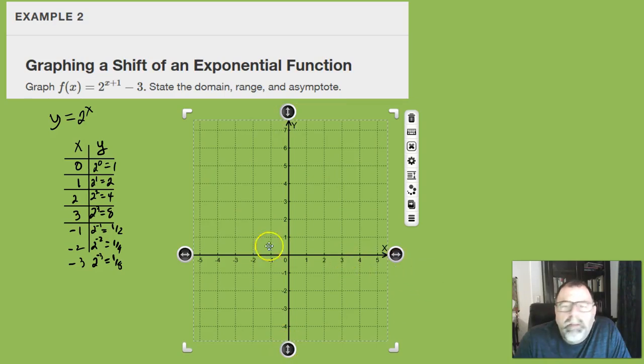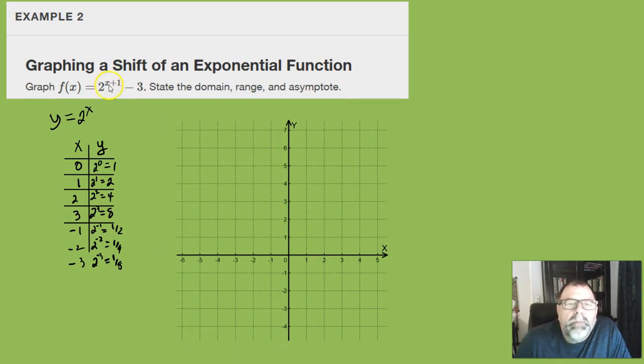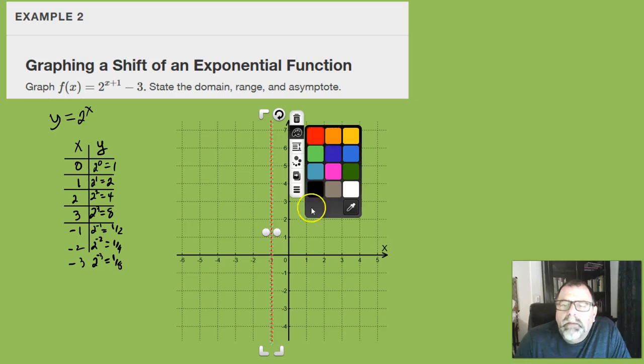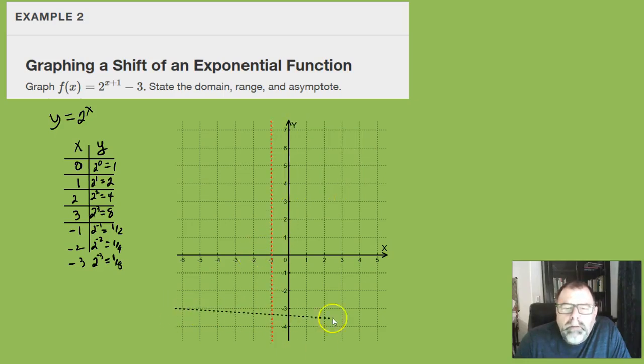And I'm shifting it to the left one. Well, I have enough room. I can make it a little bigger that way. So this is shifting it to the left one because you go minus 1. Remember the opposite. So plus 1, you do the opposite. Make it a different color. And then minus 3 for this one.